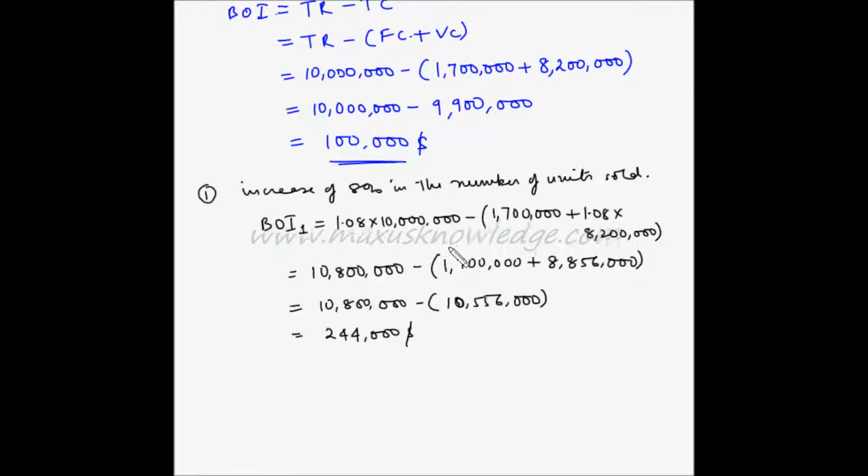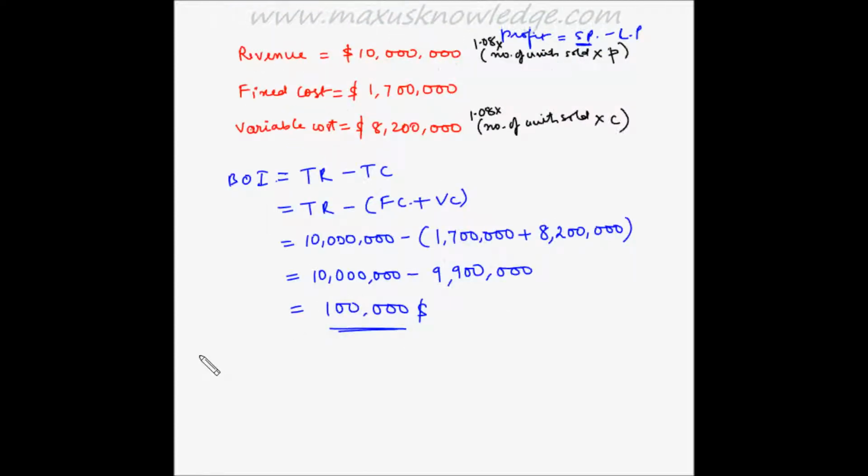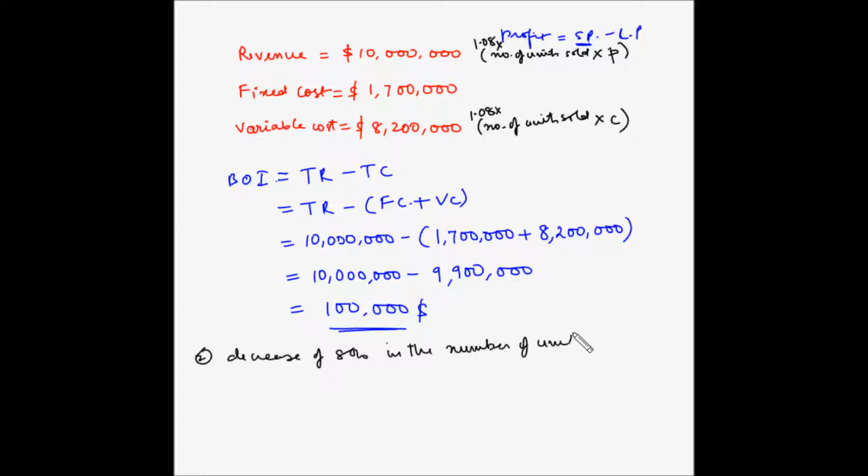Now let's find out what is the impact on the budgeted operating income if the number of units sold decreases by 8%. So second is a decrease of 8% in the number of units sold.